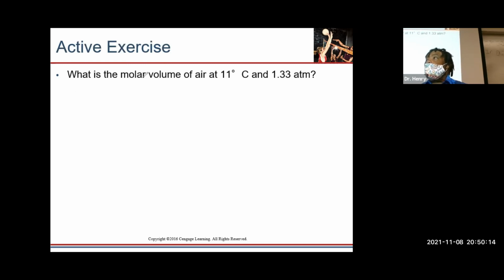Okay, so what is the molar volume of air at 11 degrees Celsius and 1.33 atm? We're looking for molar volume, which is V over n, and that's going to equal RT divided by P. So what do we need to do first?